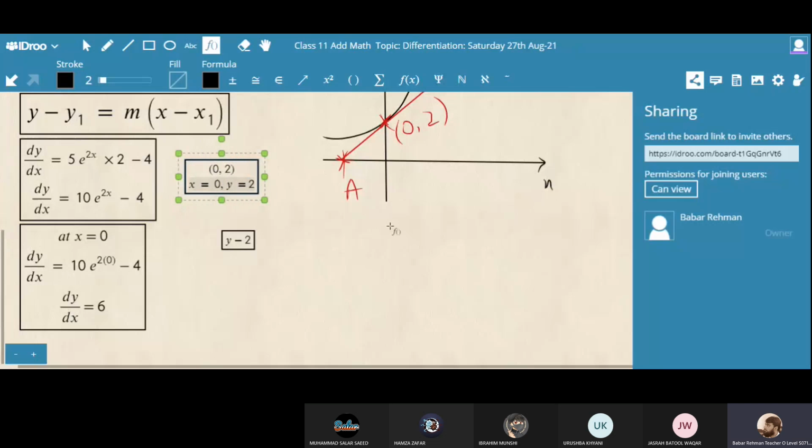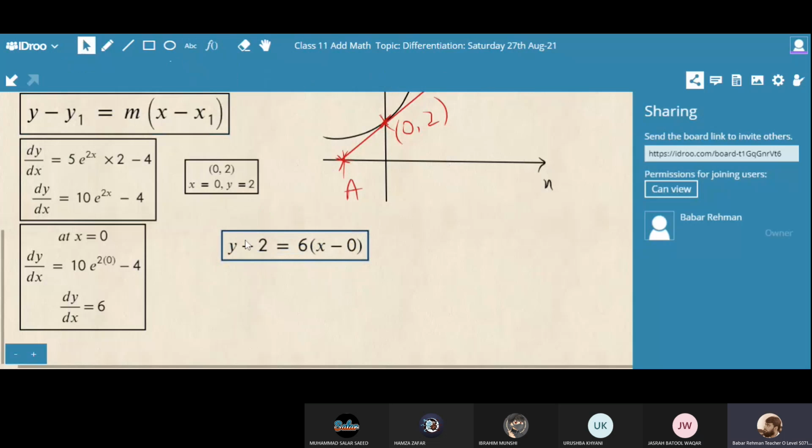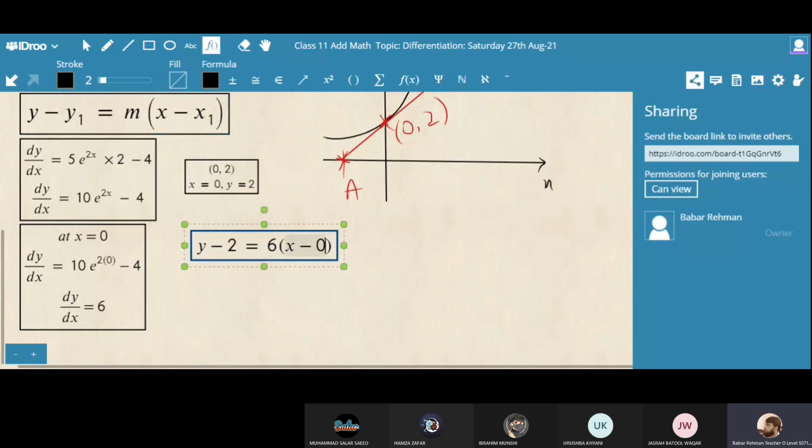So be careful. y minus 2 is equal to m, which is 6, in bracket x minus x1. What is x1? 0. Okay. Now, student, y minus 2 is equal to 6x only.